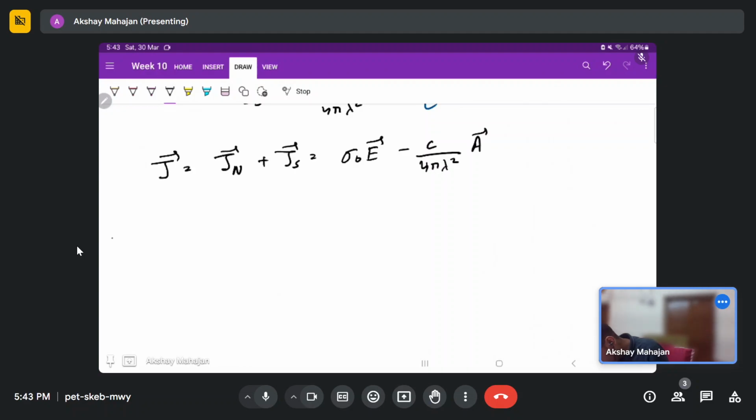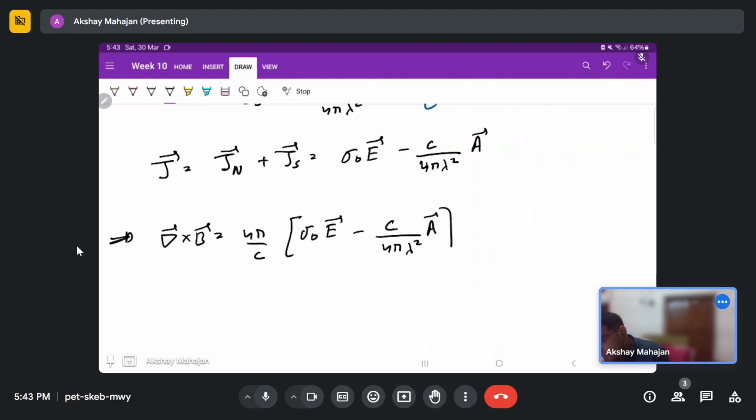This implies the curl of B vector will be given by 4 pi C times sigma naught E vector minus C upon 4 pi lambda square A vector plus 1 by C del E vector by del T.